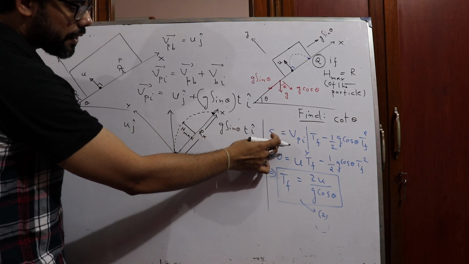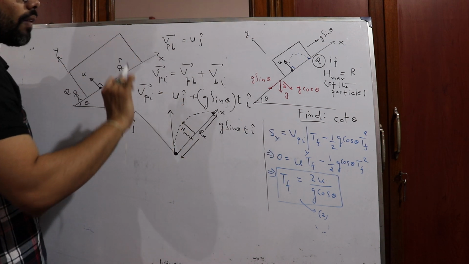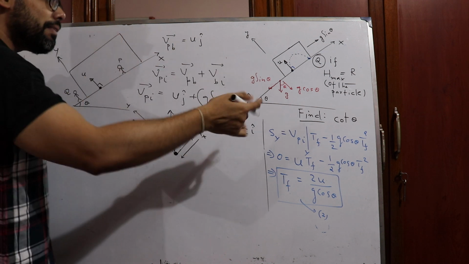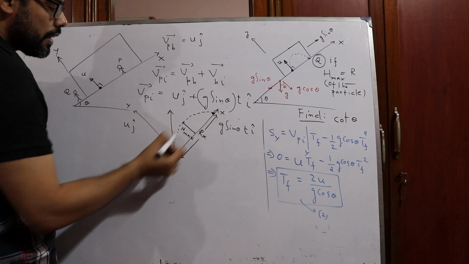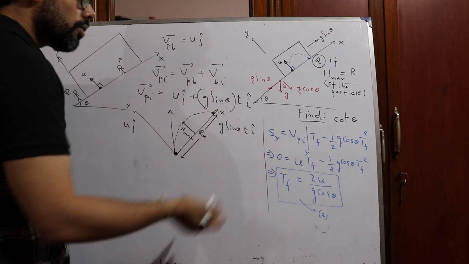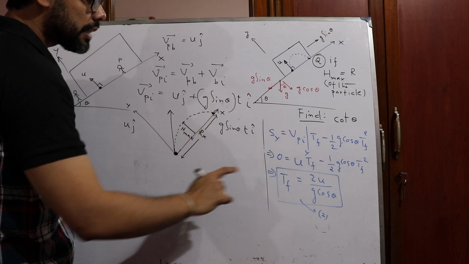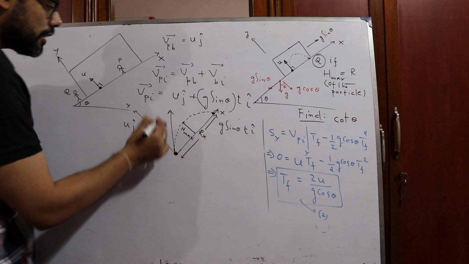That is the concept used here. Whenever you have an obliquely fired projectile going from one level and reaching back to the same level, then its net vertical displacement along the y direction is zero. You can use this concept to find out the time of flight and the horizontal range.